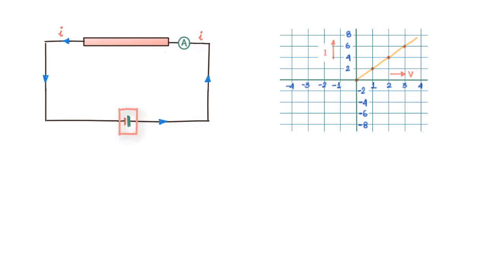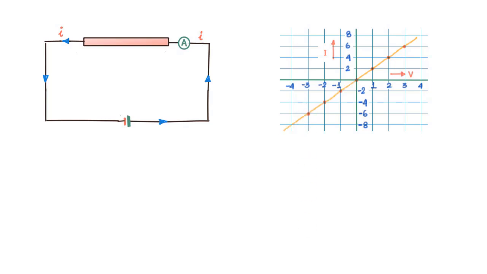So now we indicate the current value with a negative sign since it is flowing in the opposite direction, and we do the same to the voltage by putting a negative sign since we have reversed the attachment at the terminal, or more technically we say we have reversed the polarity. Then when we repeat this exercise of increasing voltage and measuring current, we again find the same absolute values, and therefore we get a line like this in the reverse direction.